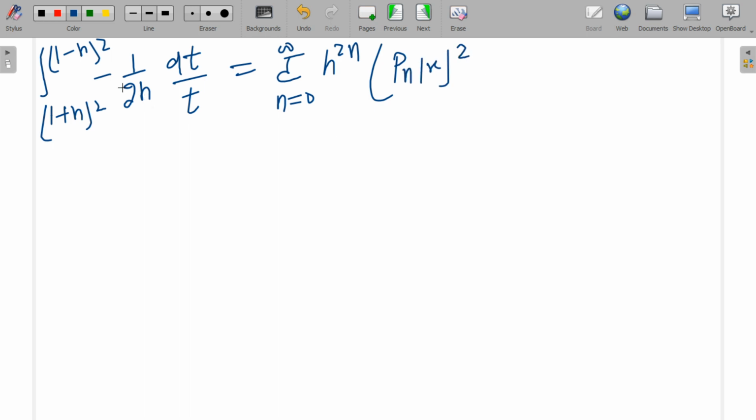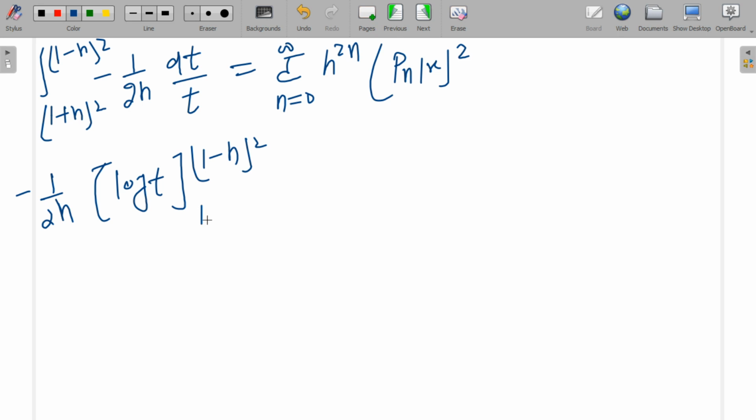The left side is -1 upon 2h, and the integration of dt upon t we know very well is log t, with the limits from (1 - h) complete square to (1 + h) complete square, is equal to the summation from n = 0 to infinity of h to the power 2n into Pn(x) complete square.